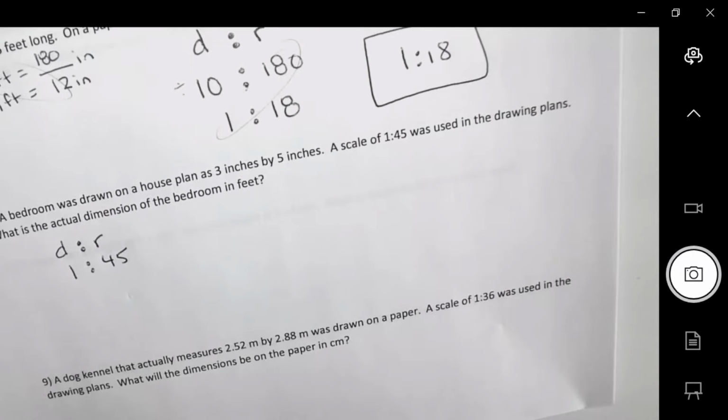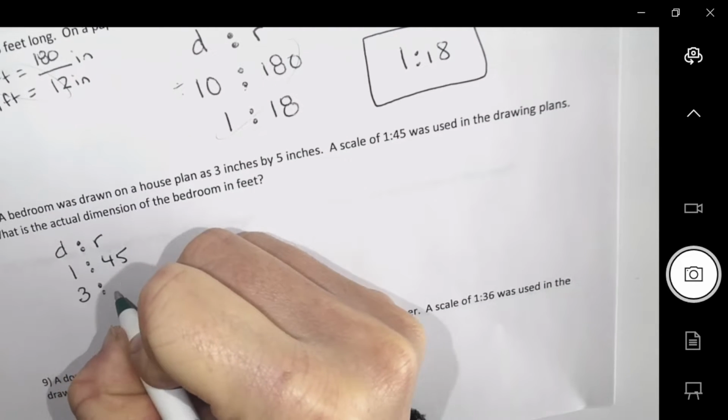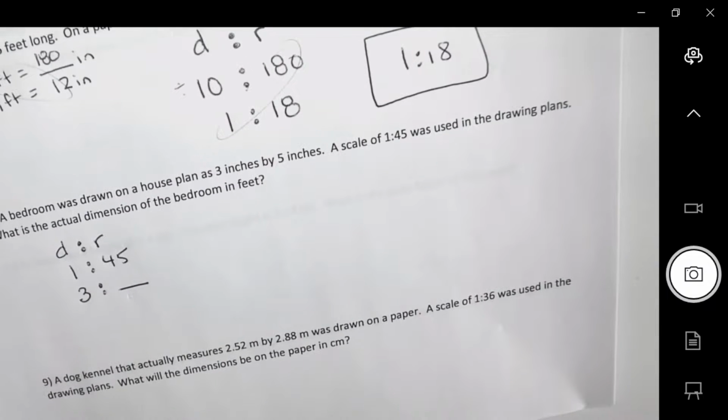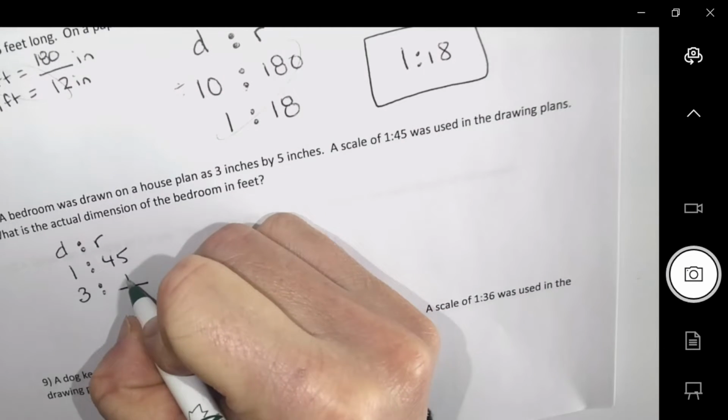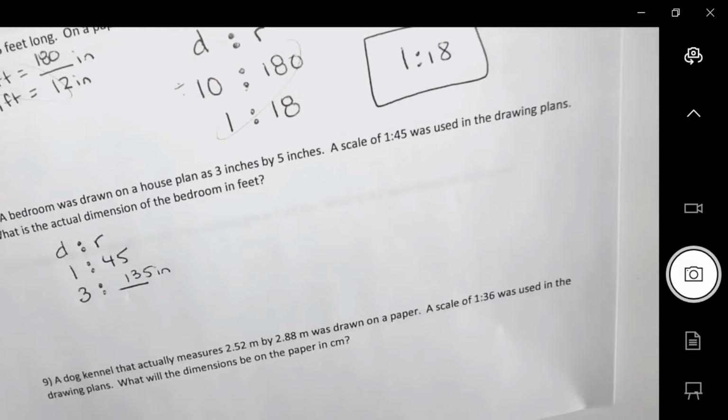So therefore, the 3 on the diagram would actually be how big in real life? Okay, 135 inches is what I got.